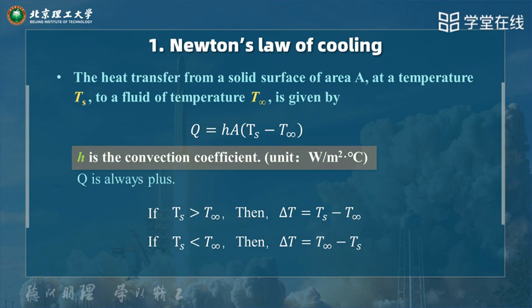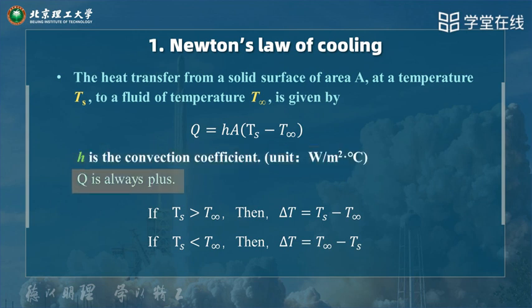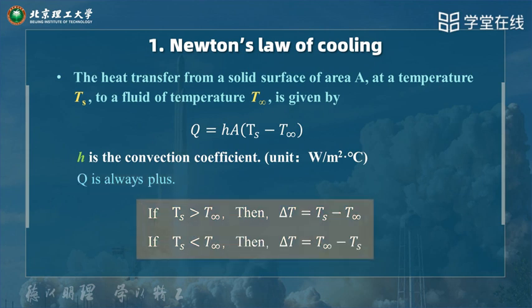A is the area of convection between the fluid and the solid surface. The temperature difference is Ts minus T infinite. Q is always positive. If Ts is larger than T infinite, the temperature difference is Ts minus T infinite.